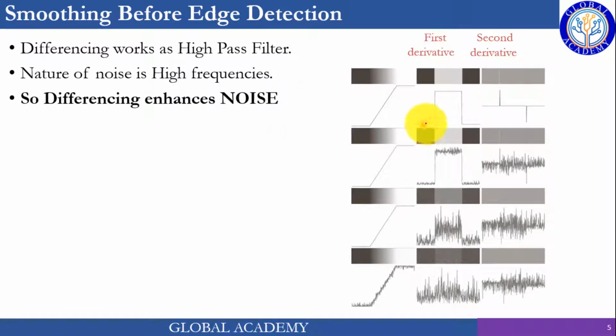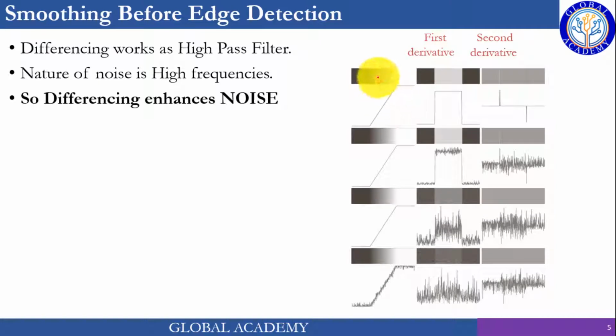You can observe that the first image is noise free, and its first and second derivatives are also displayed, whereas a 1D profile, which is in fact one line extracted from this image, is also plotted as a ramp function, white color, a linearly changing shade, and then a black color. Its derivative is like a pulse in the 1D function, and the second derivative is like an impulse at this edge and a negative impulse at this edge, because it's a negative slope and it's a positive slope.